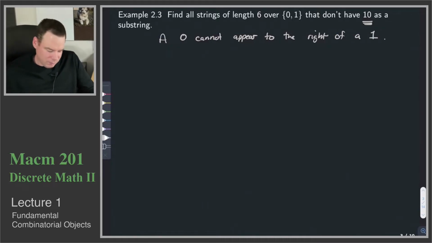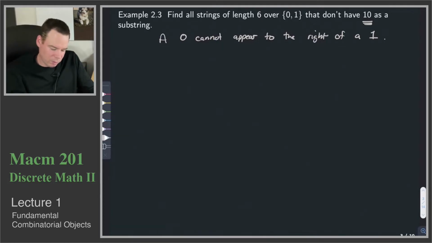Okay, that might seem like a very simple statement to make based on the fact that we can't have a 1, 0, but this means actually a lot more. It means that I can never have any zeros appearing to the right of any 1s. So in my sequence, all the zeros have to be clumped up at the start, and all the 1s have to be at the end. And that is going to allow me to count these things.